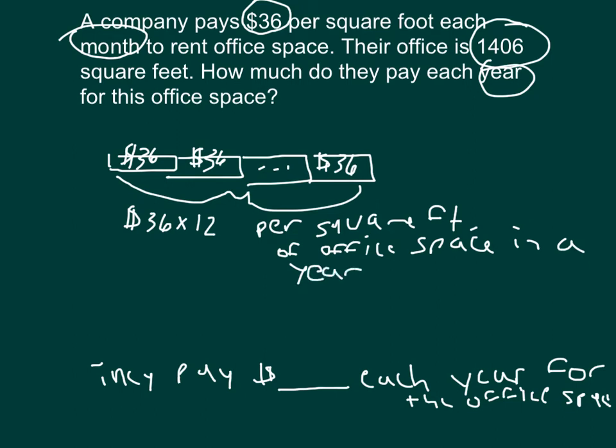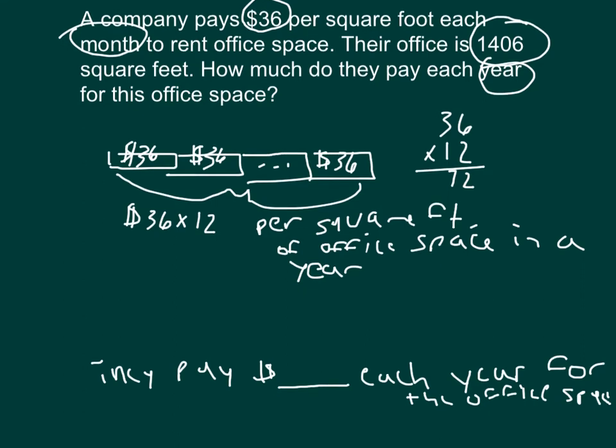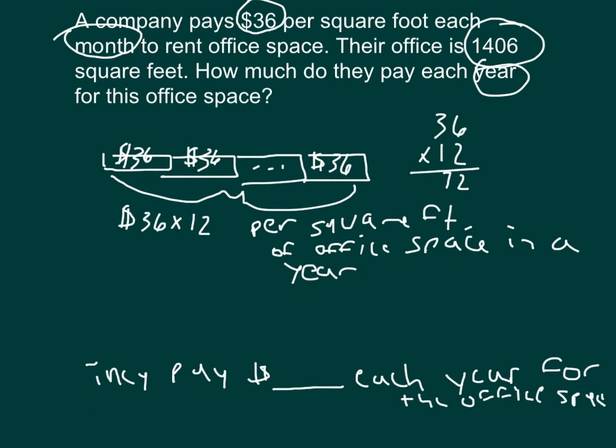So 36 times 12, 36 times 2 is 72. 36 times that 1, which is worth 10, would be 360. And then if I added those two together, I would get $432.